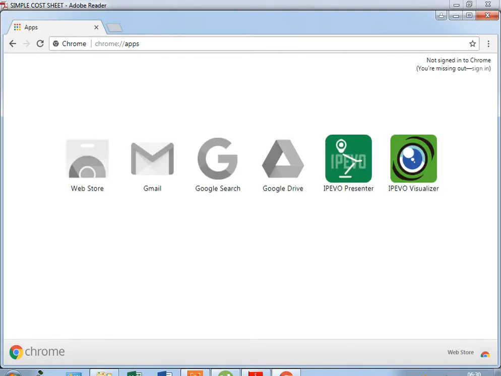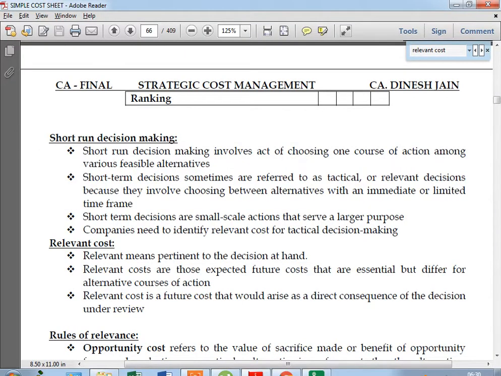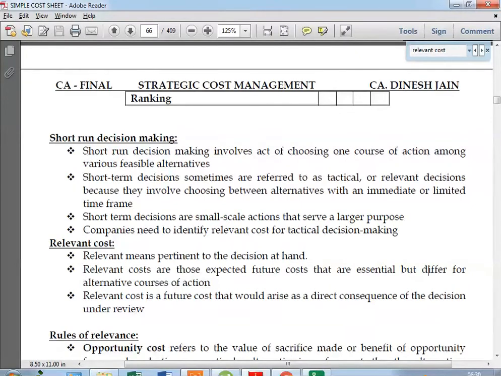Okay, relevant cost of material. Split that into 2. I'll first give it and then I'll discuss it.